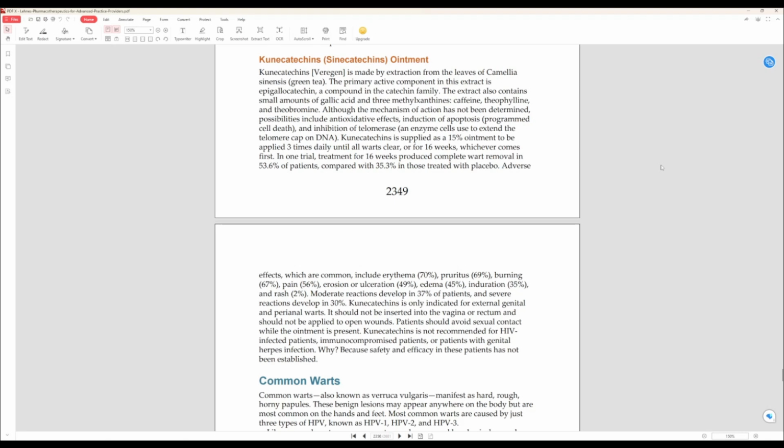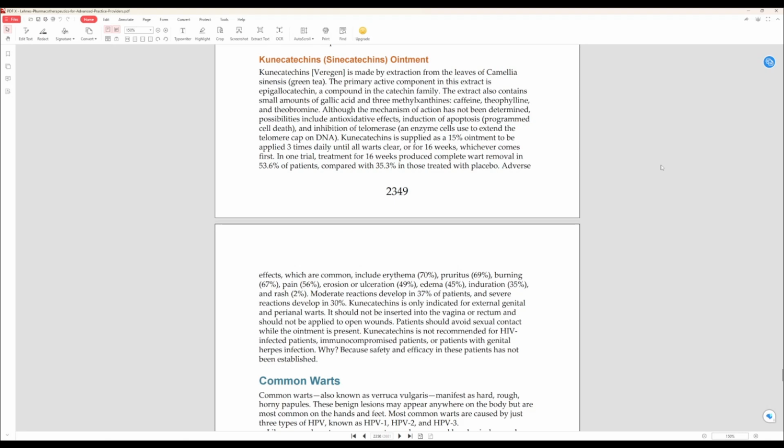Catechins are supplied in a 15% ointment that needs to be applied 3 times daily until the wart begins to clear, or for 16 weeks, whichever comes first. In one trial, treatment for 16 weeks produced complete wart removal in about 53.6% of patients, compared with 35.3% in those treated with a placebo.